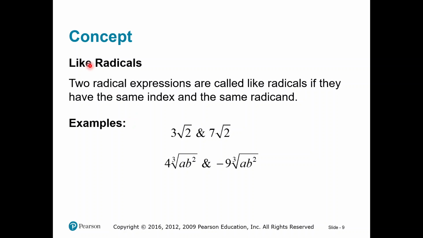Now, like radicals are like terms, so we can add them. So for example, if I have say 2x and 5x, these are like terms, so I can just say together is 7x.